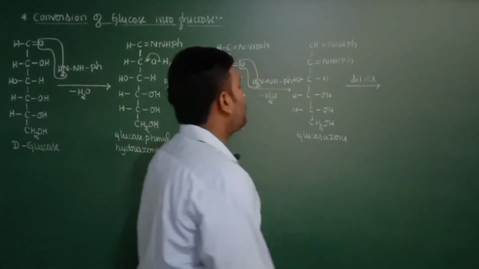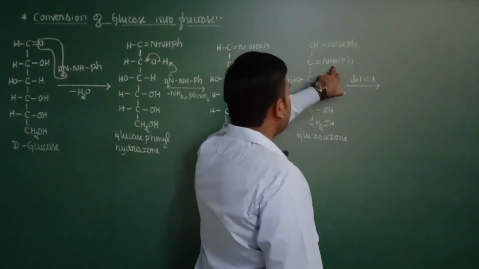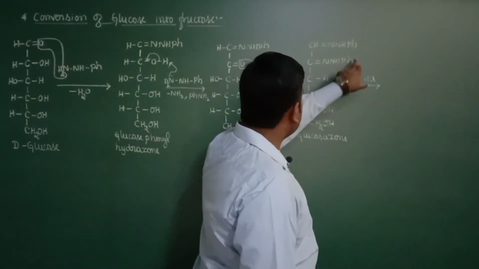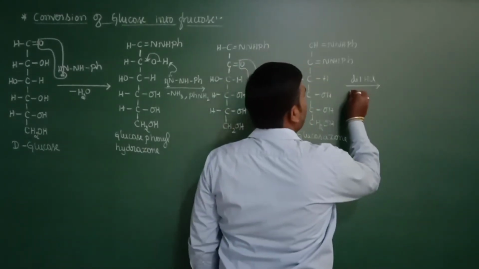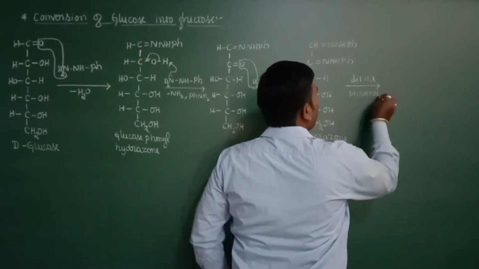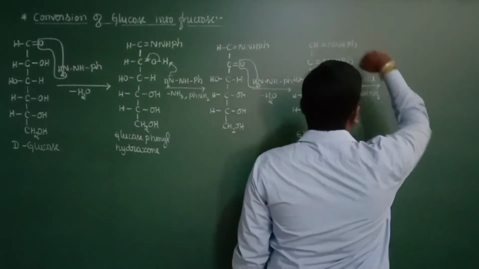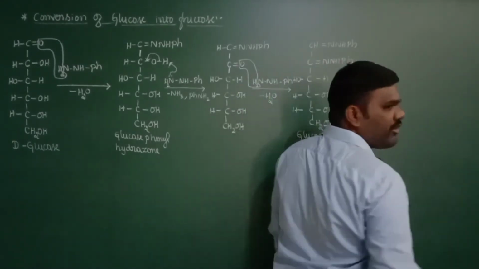So when you perform hydrolysis of this glucosazone with dilute HCl, this phenyl hydrazone group that is connected with carbon through a double bond will get eliminated in the form of PhNHNH2. That is, phenyl hydrazine will come out, creating once again oxygen, because dilute HCl in the sense will be having water molecules.